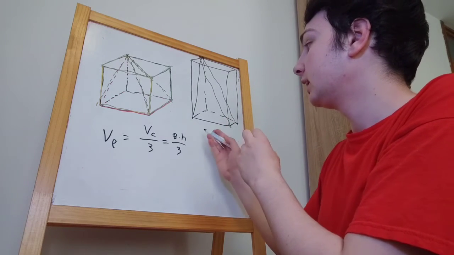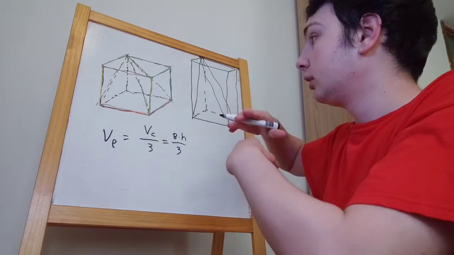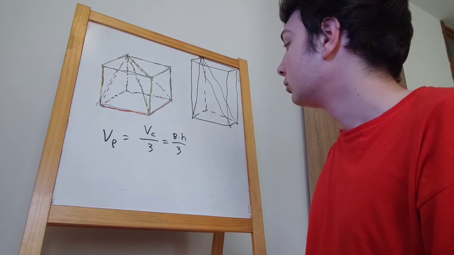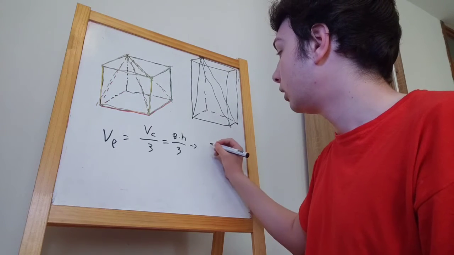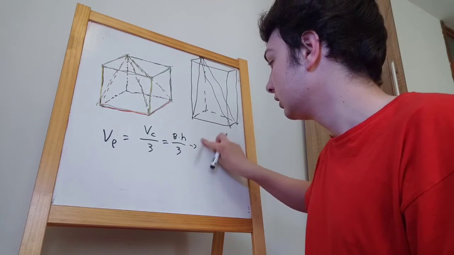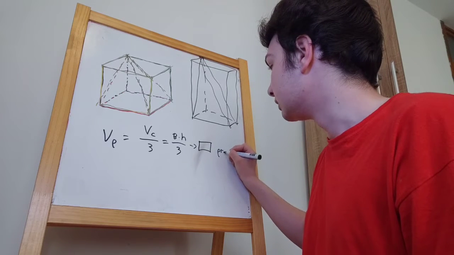The base will stay the same, the height will stay the same, the volume just really stretches out with the lengths. So this is true for all rectangular, let me just write this, rectangular prisms.